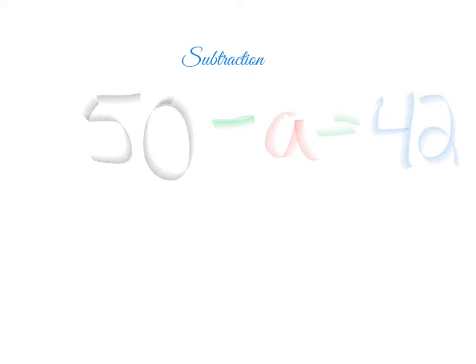And so we will subtract 50 to isolate the A. We need to subtract 50 from each side.